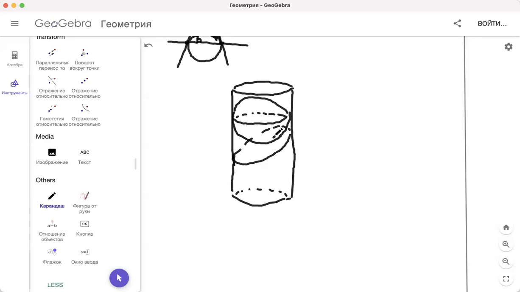So here we have some tangency point of this sphere and the plane.